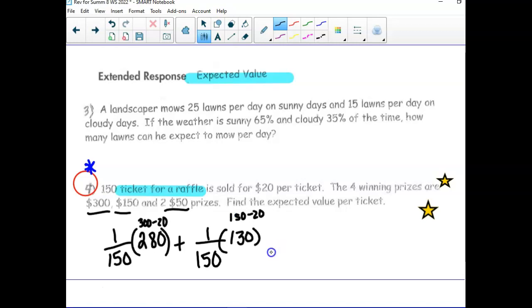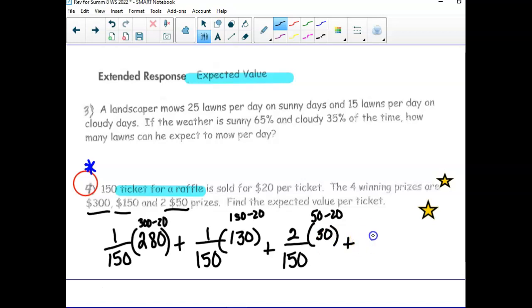Everybody good? Now, you could do the $50 prizes separate, or we could just do them together. There's 2 out of 150 that will win. What's 50 minus 20? They only make $30, right?